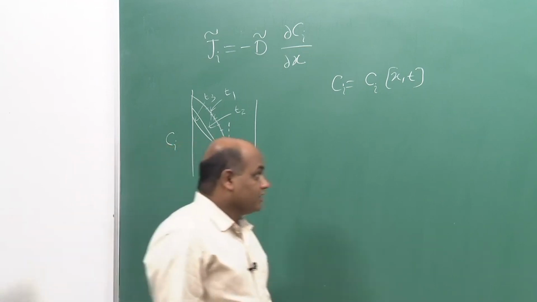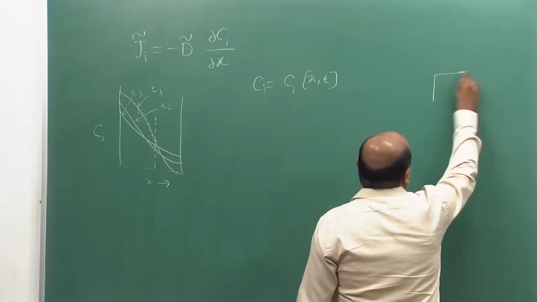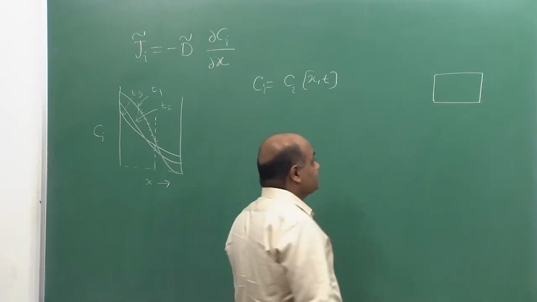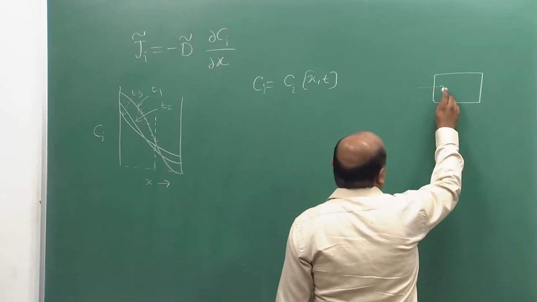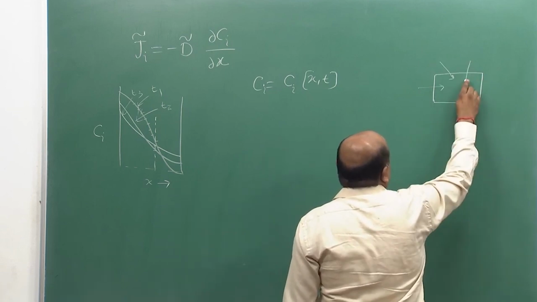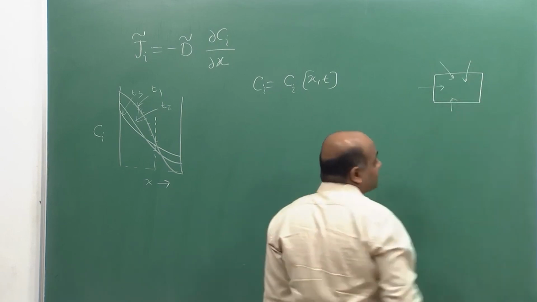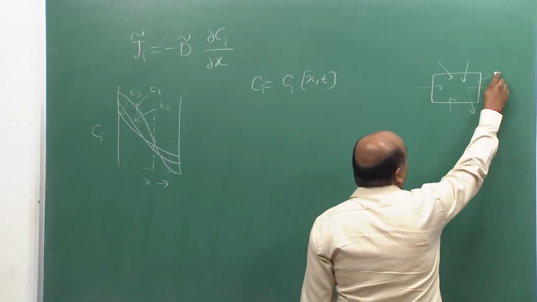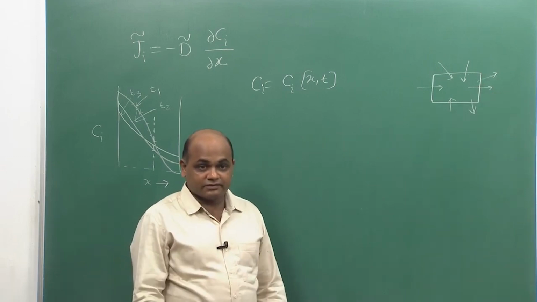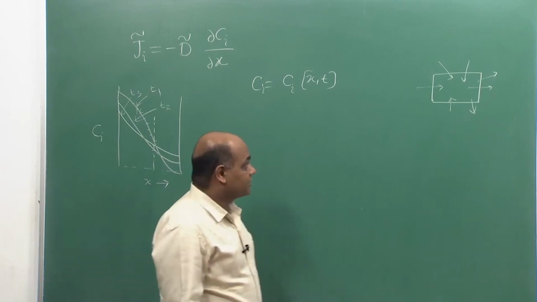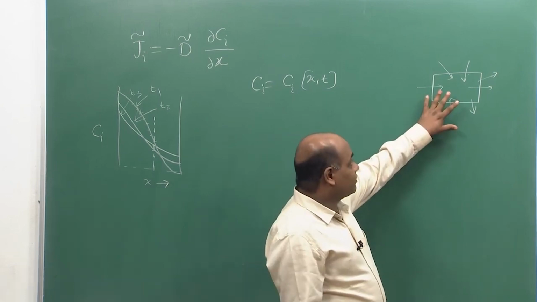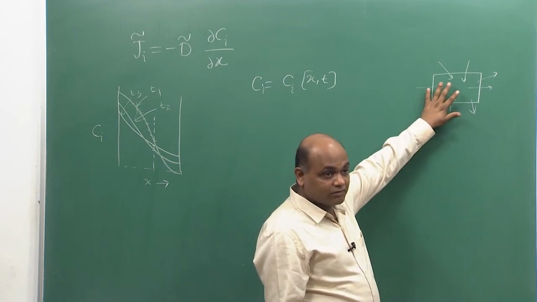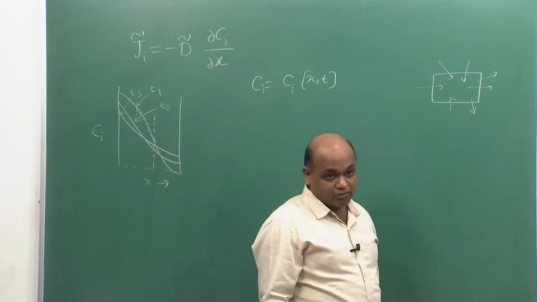So, if we consider a box into which there is a species i entering from some directions and there is also species i leaving from other directions. So, it is a simple equation: the rate of inflow minus the rate of outflow will give me the rate of accumulation of component i inside this box.